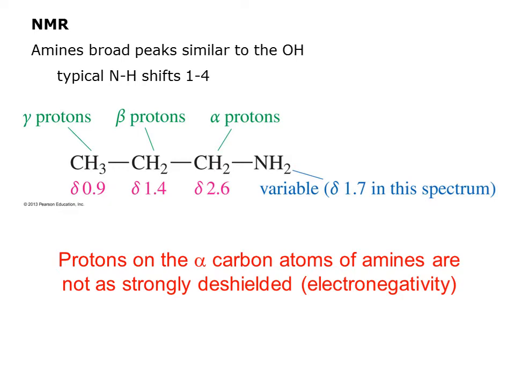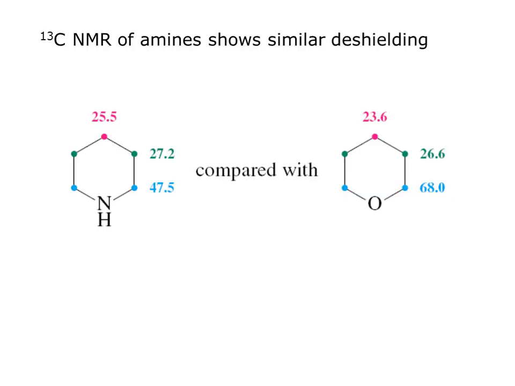A little bit de-shielded relative to a carbon-oxygen bond, so the electronegativity, where the electrons are being held between carbon and oxygen versus carbon and nitrogen, is very different. And you'll notice that also in carbon NMR, that first alpha carbon connected to a nitrogen is going to be a little bit more upfield than it would be if it was an oxygen.